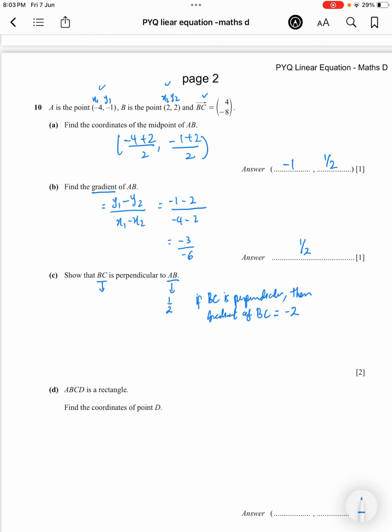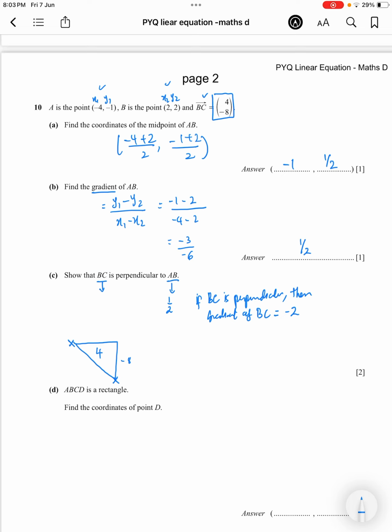BC is given not as coordinates but as a column vector. So we're going to sketch this one out. BC means you go 1, 2, 3, 4, and then we go down minus 8.